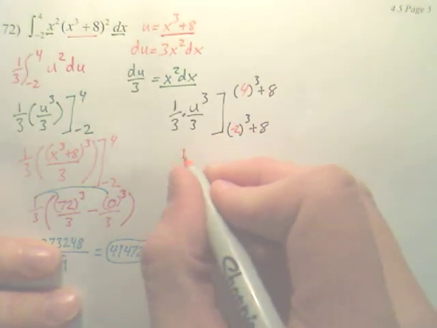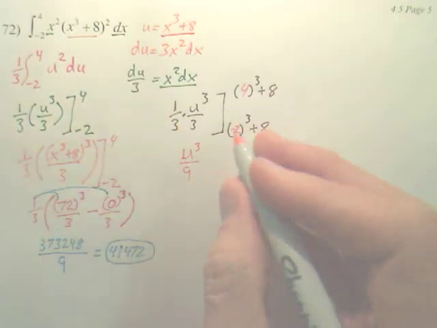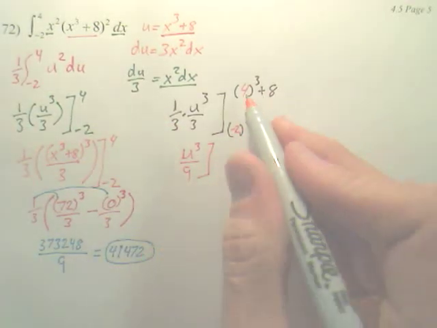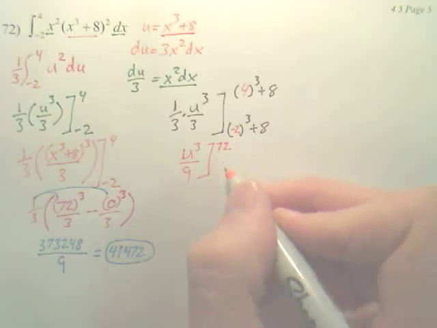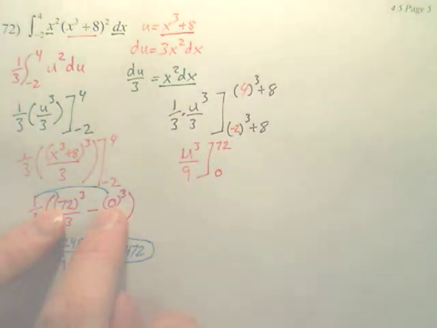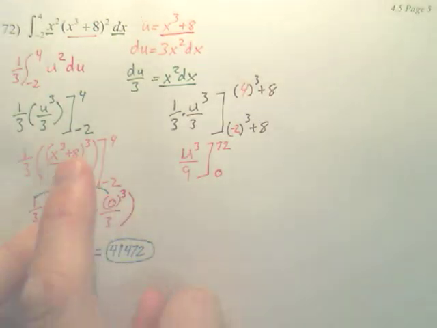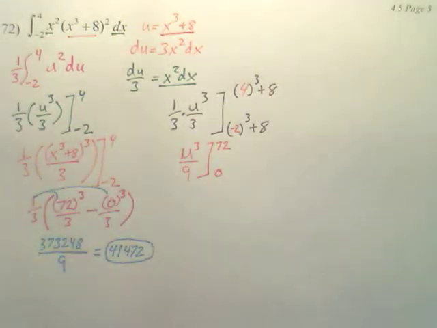So I now have u to the 3rd over 9. Is that okay? And my interval is from 72 to 0. Aren't these just these numbers we plugged in here? See that right there? 72 and 0? Aren't they right there? See how it kind of saves you some steps? I mean, depending on which route you want to go.